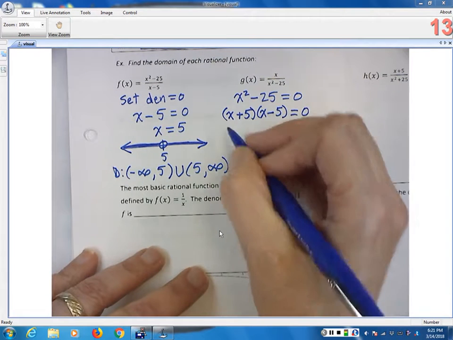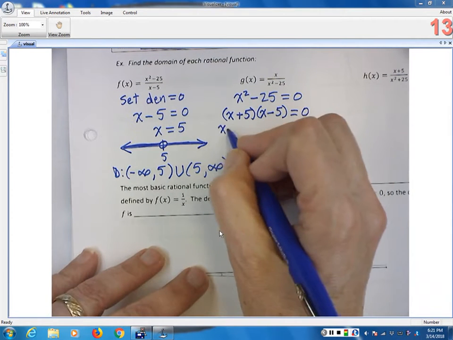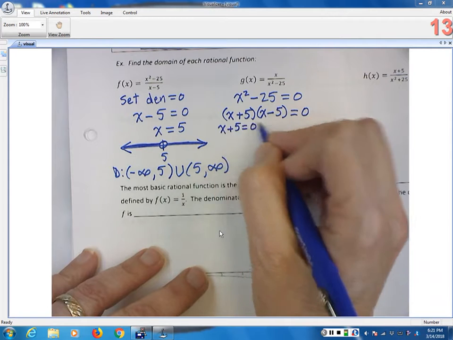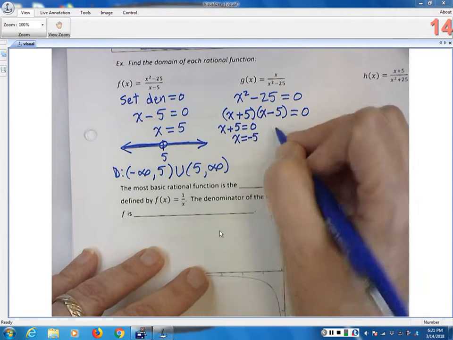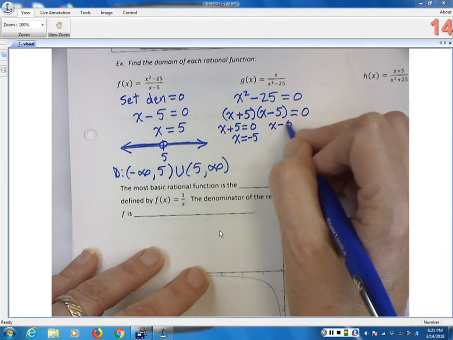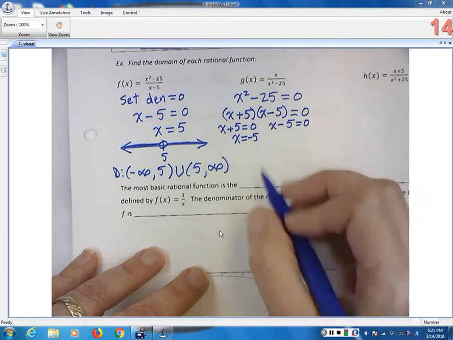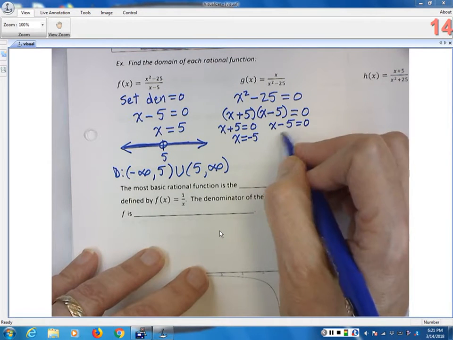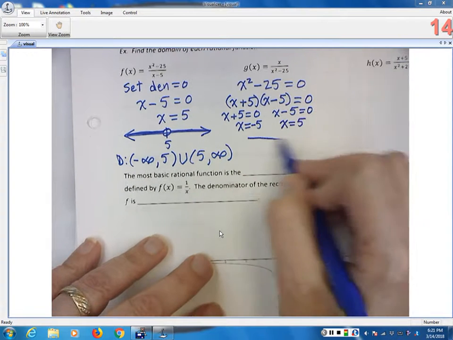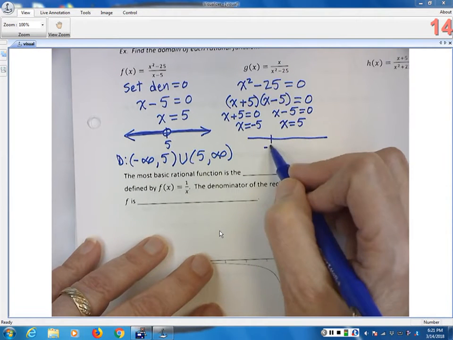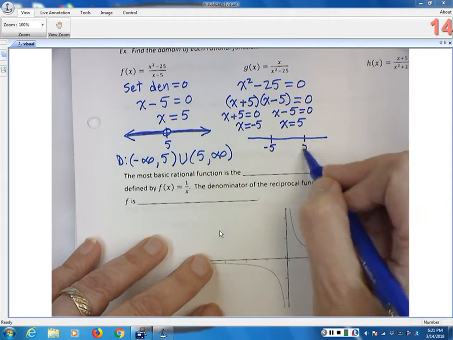And then you set this factor, x plus 5, to 0, subtract the 5, you get x equals negative 5. Set x minus 5 to 0, you set each factor separately to 0. Add the 5, x equals 5. So those are the values we need to exclude. Negative 5 and 5.